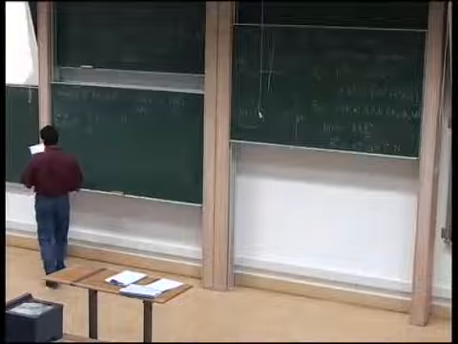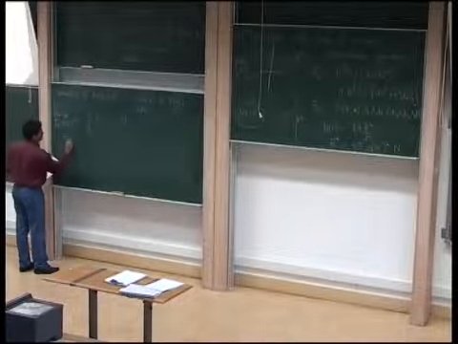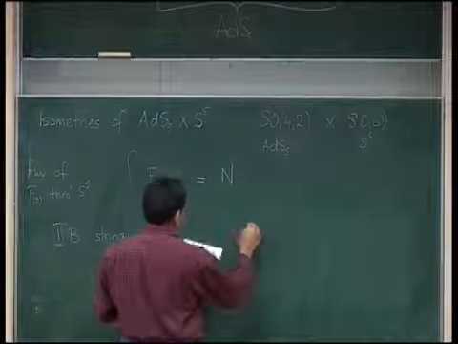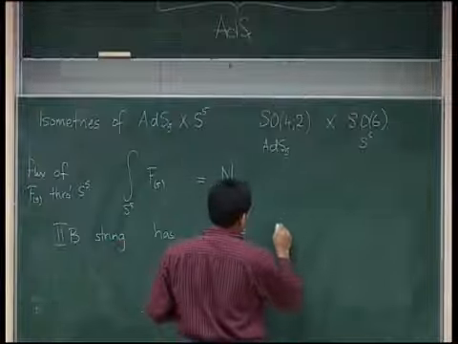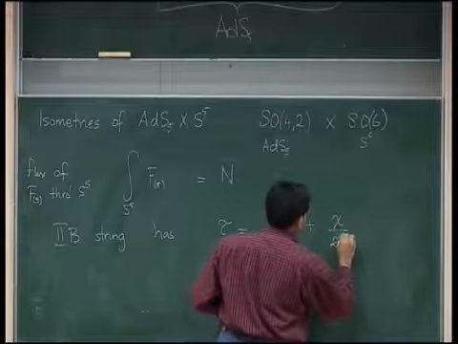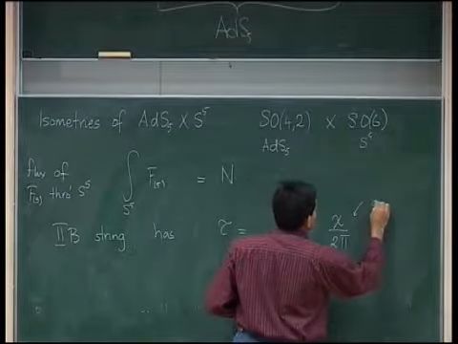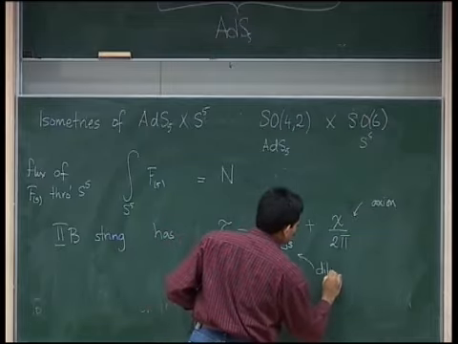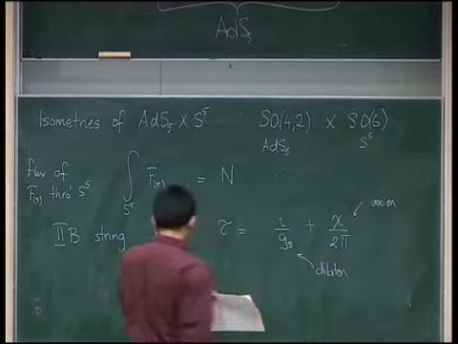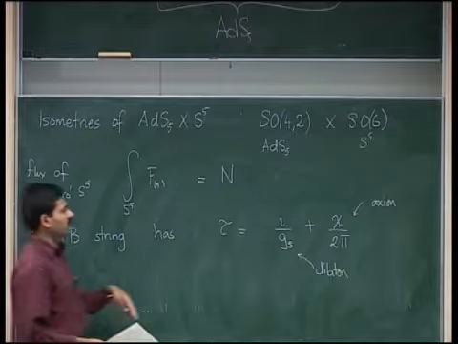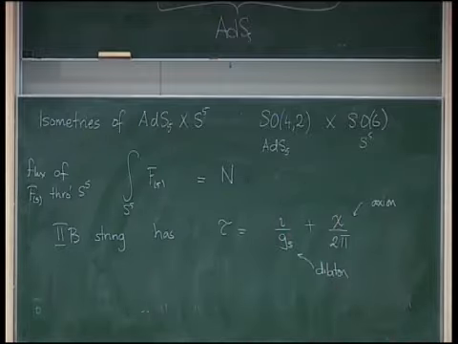So the IIB string has a complex parameter tau, which is made up of the expectation value of the dilaton and axion.